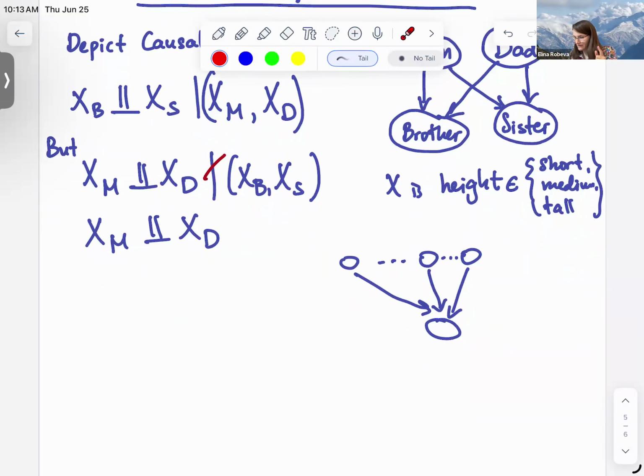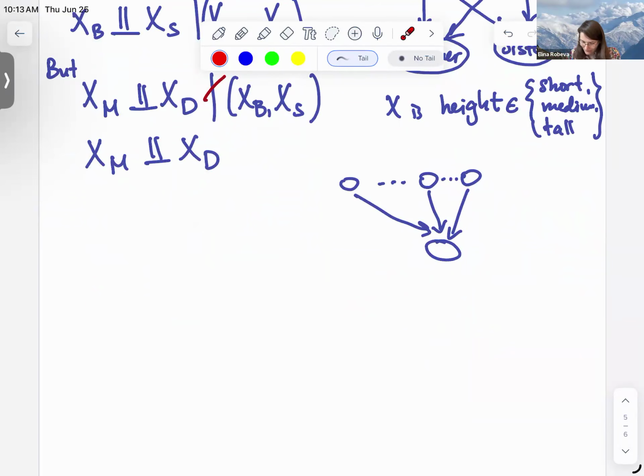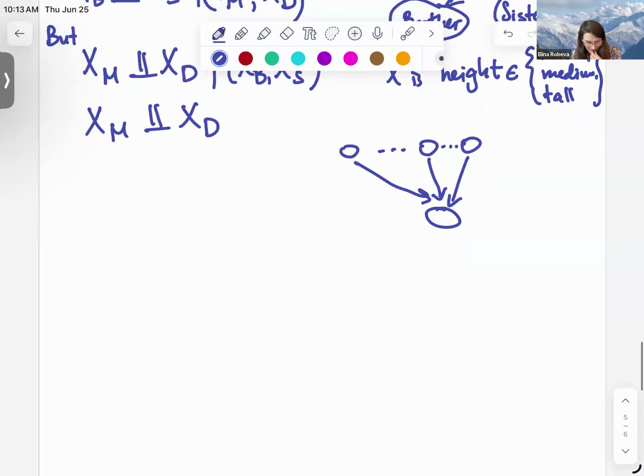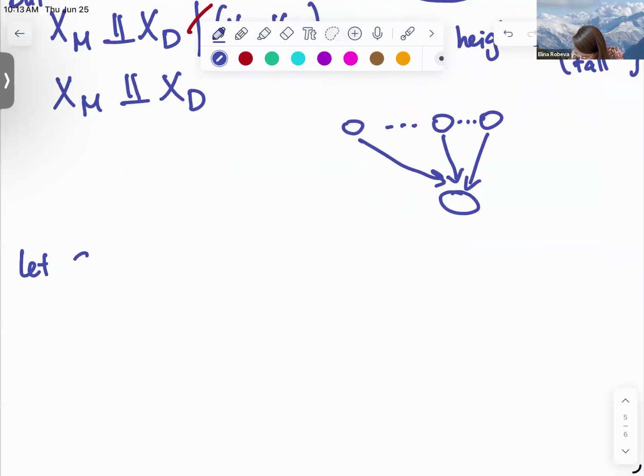Okay, because you're asking all these questions, I wasn't going to give the definition here, but I will because I think this will be interesting. So let G = (V, E) be a directed graph.